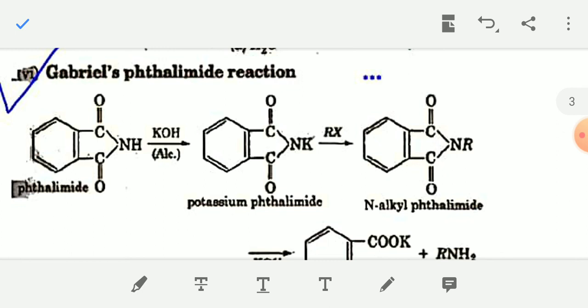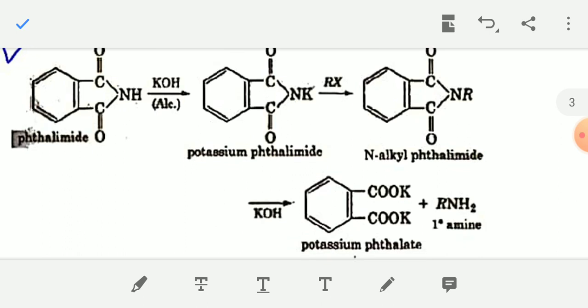In the next step you react this potassium phthalimide with alkyl halide RX, and you get N-alkyl phthalimide. In the final step, you make hydrolysis using KOH or NaOH. You will get 1 degree amine, and the remaining part of the N-alkyl phthalimide is converted into potassium phthalate, the salt of phthalic acid.